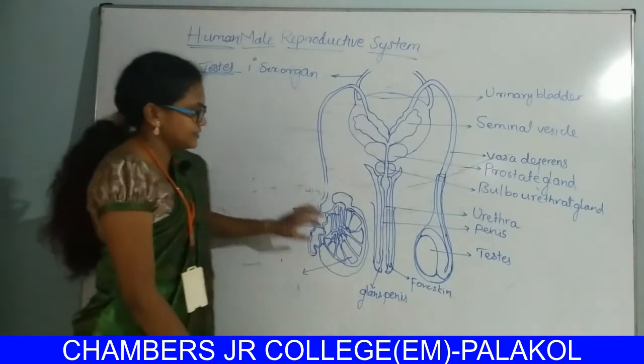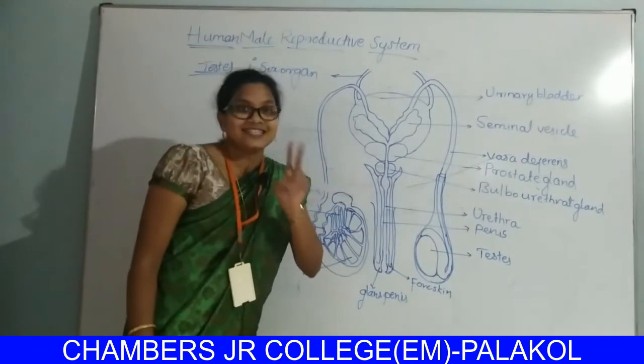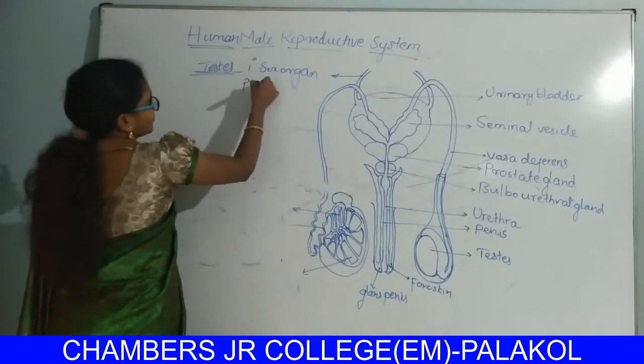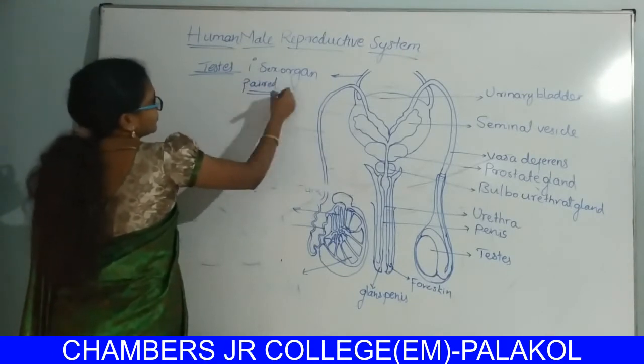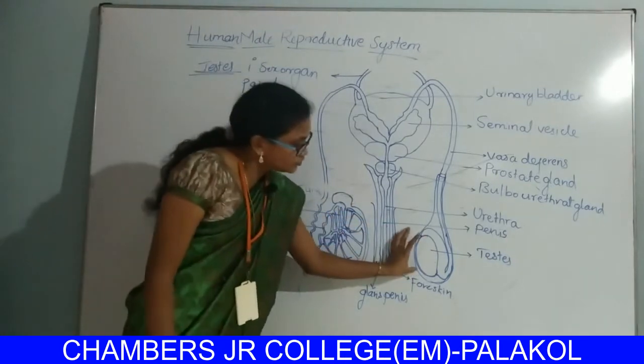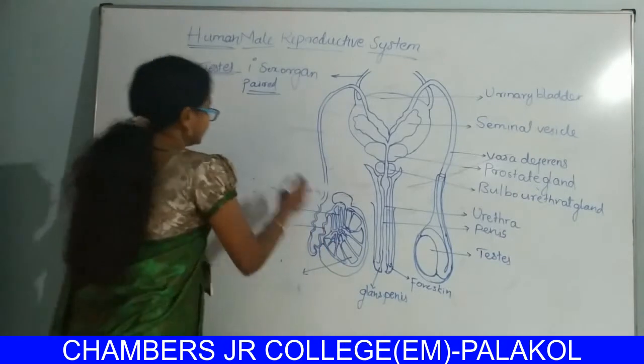They are paired. So there are two testes present. And the shape is oval. So they are oval in shape, right?